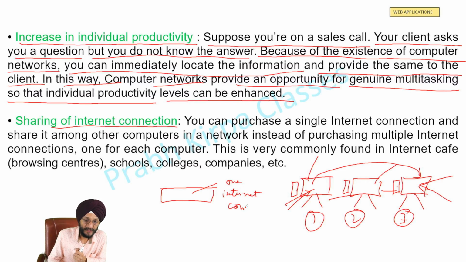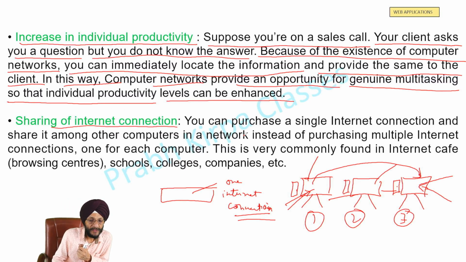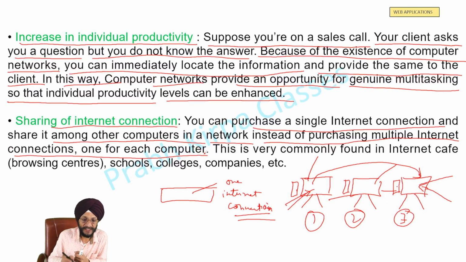depending on the capacity of the internet connection you are having. You can purchase a single internet connection and share it among other computers in a network instead of purchasing multiple internet connections, one for each computer.